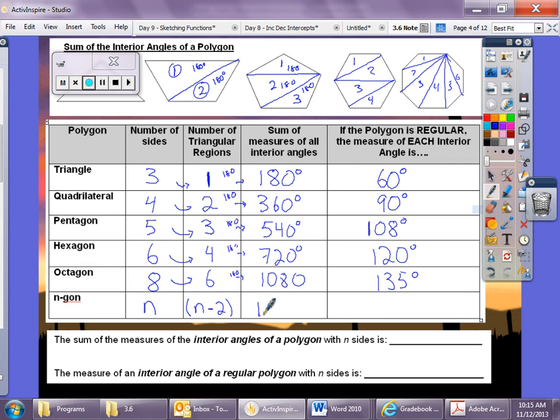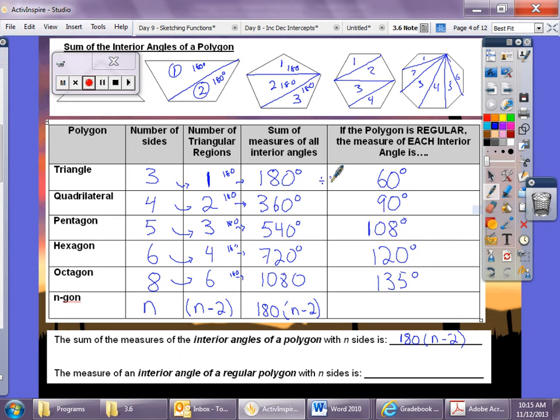So we want 180 times n minus 2. That gives us the sum of the measures of all the interior angles of a polygon with n sides. Now to find each angle if the polygon is regular, we divide this by how many sides there are.